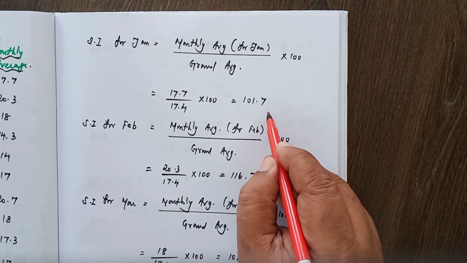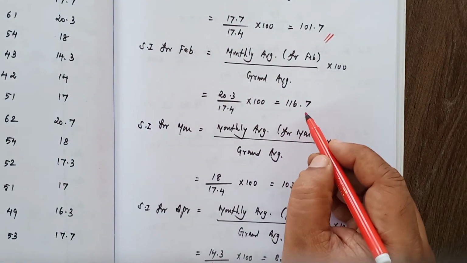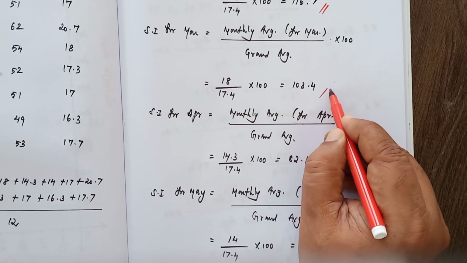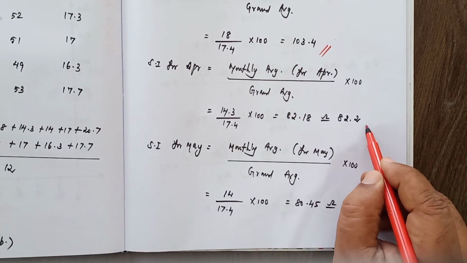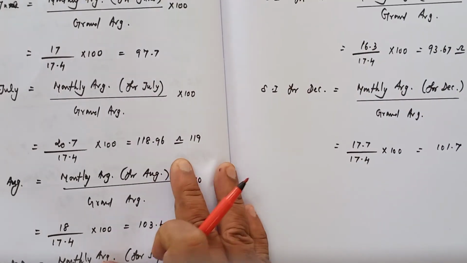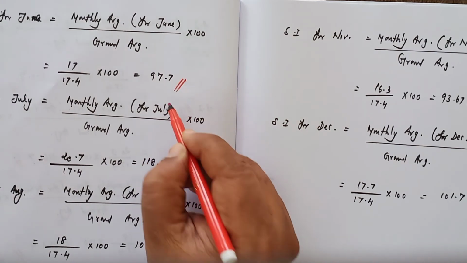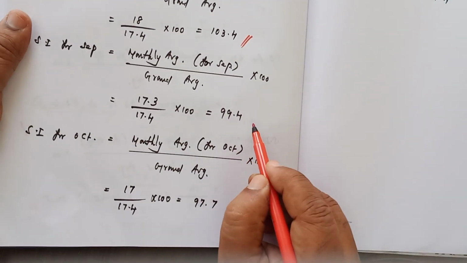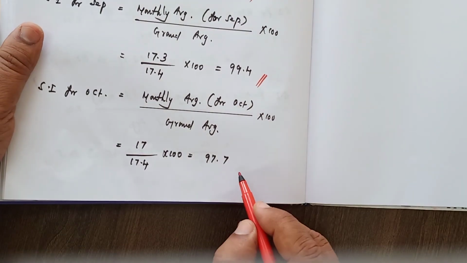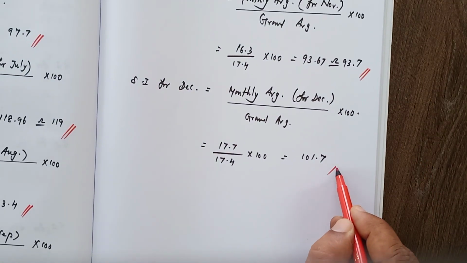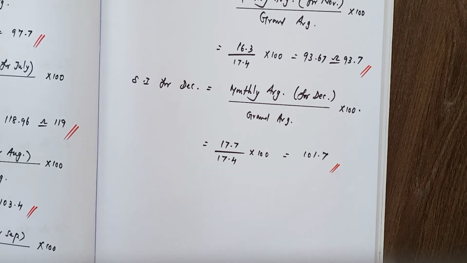For January 101.7, next February 116.7, and 103.4 for March, next 82.2 for April, 80.5 for May, 97.7 for June, for July 119, for August 103.4, for September 99.4, for October 97.7, for November 93.7 and for December 101.7. It can be represented in tabular form also.